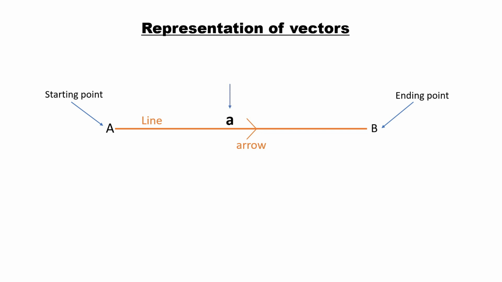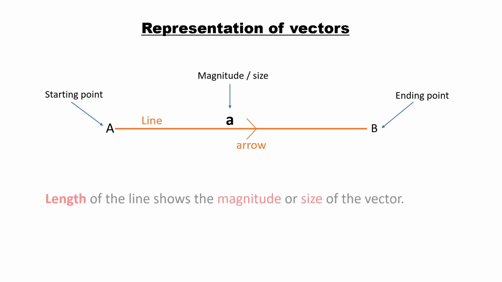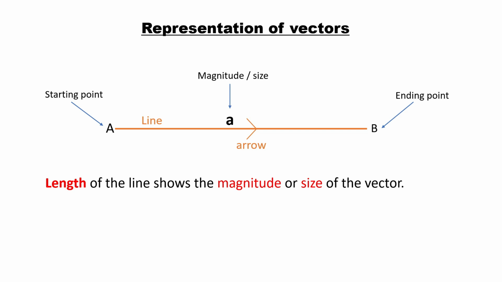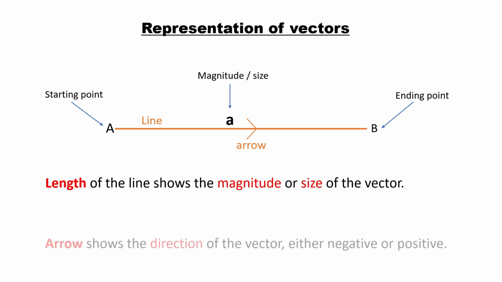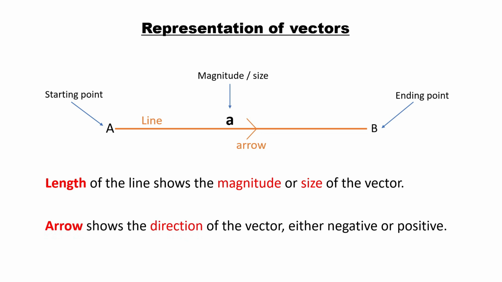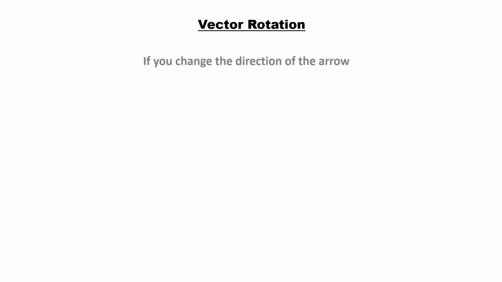So we need to add a letter which shows the magnitude, which is the size of our vector. If our diagram is drawn to scale, the length of the line will tell us about the magnitude of the vector, and the arrow will tell us about the direction of the vector, which will determine whether it is positive or negative.